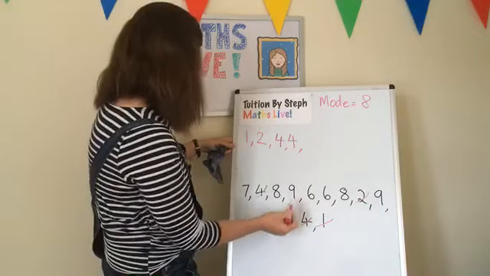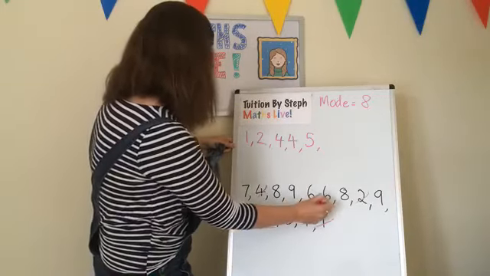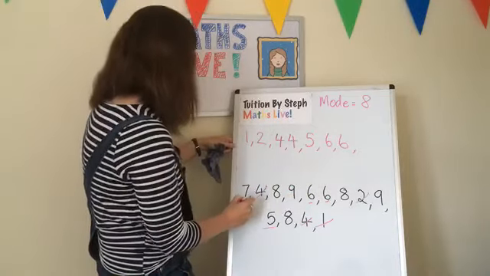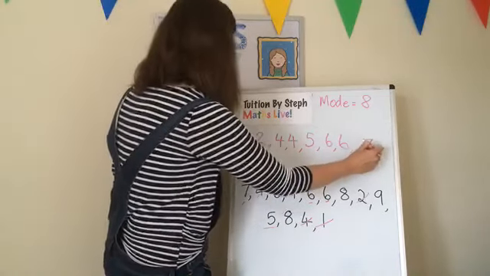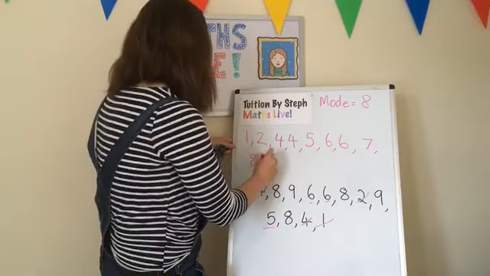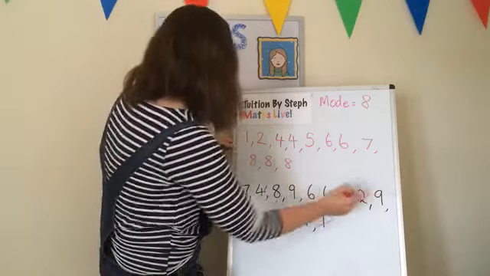We've got 5, we've got 6 and 6, we've got 7, three 8s, and two 9s.